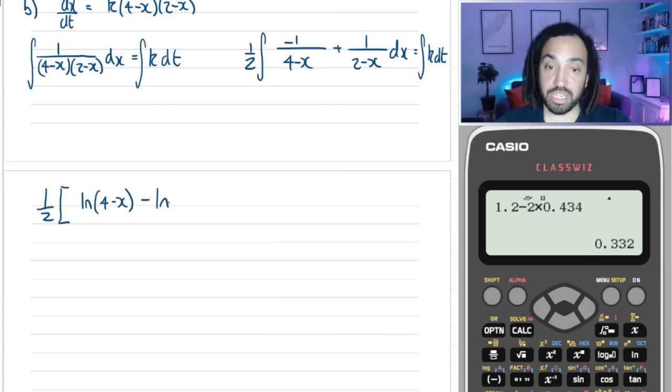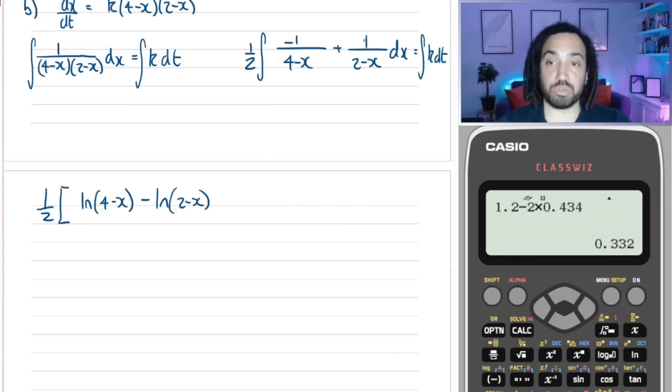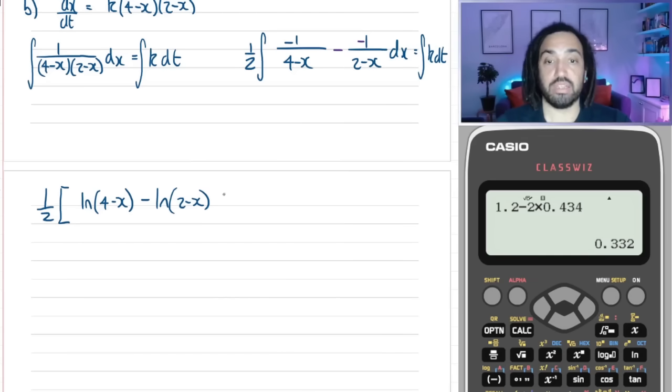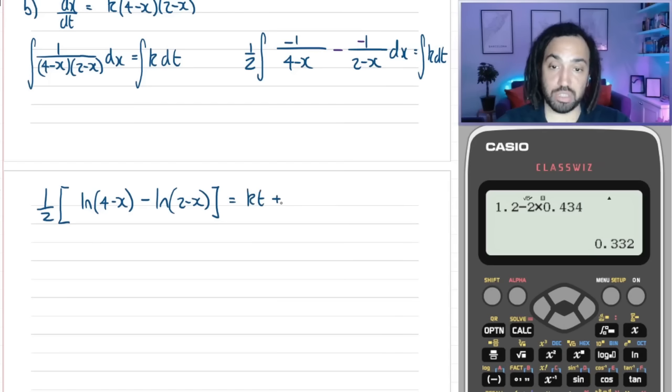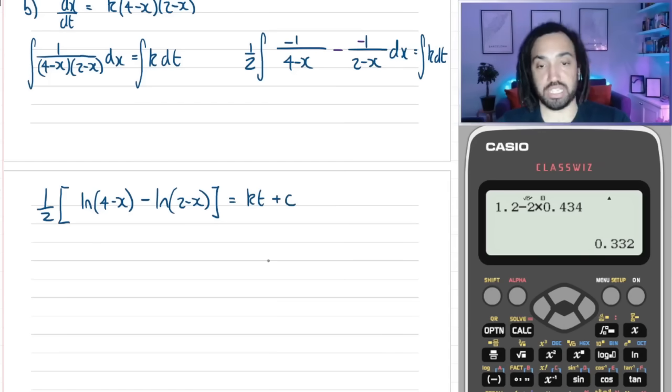So it's going to be minus ln of 2 minus x. Because ideally we'd want a -1 up here, and we could force a -1 up there just by changing this to a minus. So then when we do integrate it, we get ln of 2 minus x, but there's a minus there, so we put the minus here. Okay, close that bracket, and then this is going to integrate to kt, but we're going to need also a constant of integration, so we put plus c there.